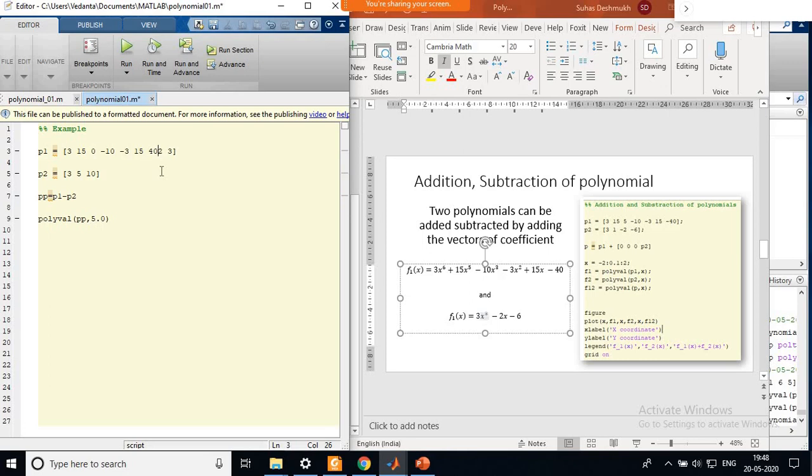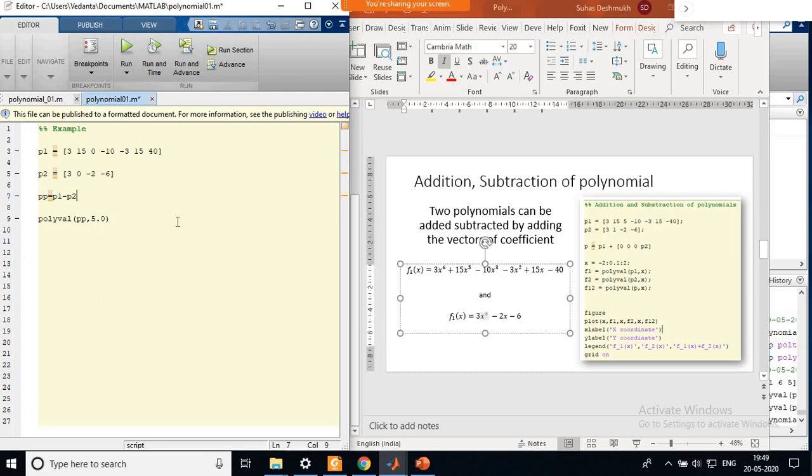How many elements did we create? Altogether these should be a 6th order polynomial, 7 elements: 1, 2, 3, 4, 5, 6, 7. In a similar fashion you can have a 3rd order polynomial: 3, then 0, then minus 2 and minus 6.